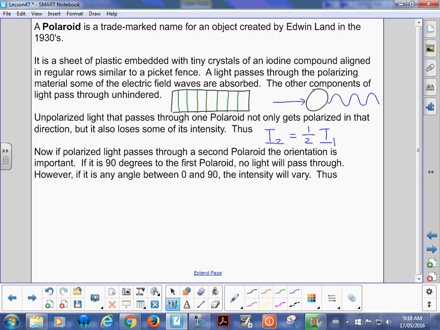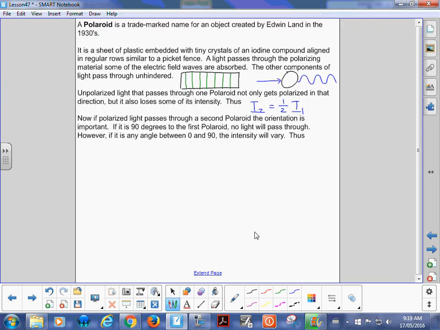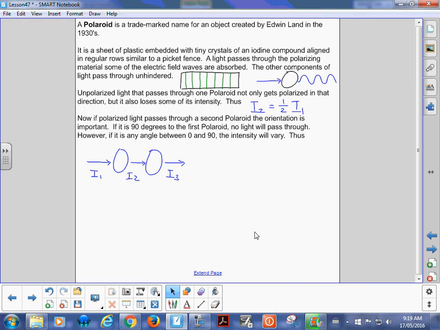Now, if we look at polarized light passing through a second Polaroid that's oriented at some angle, let's draw it up first. Here's my first Polaroid, here's my second Polaroid. We have our light waves coming in. That's my original intensity. Then we have a new intensity I2, and finally it passes through that Polaroid at an angle. The second Polaroid gets rotated.